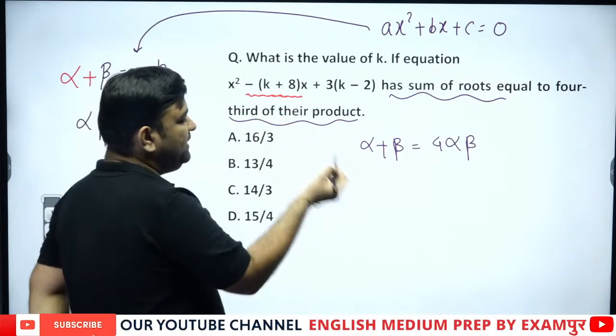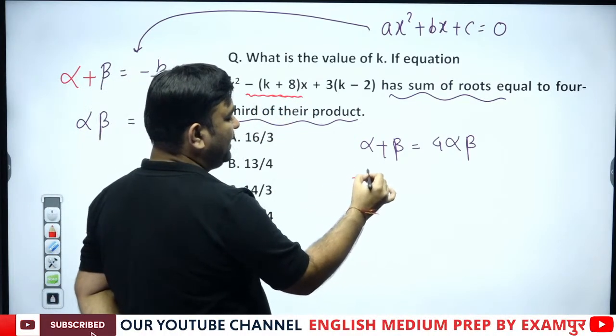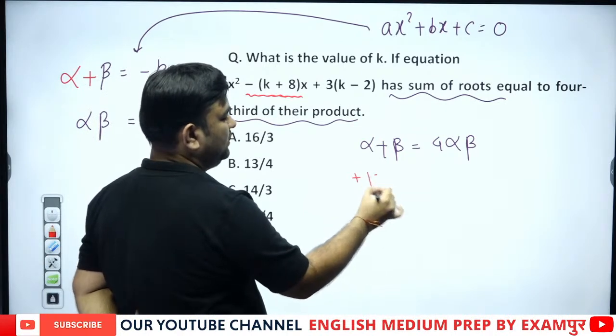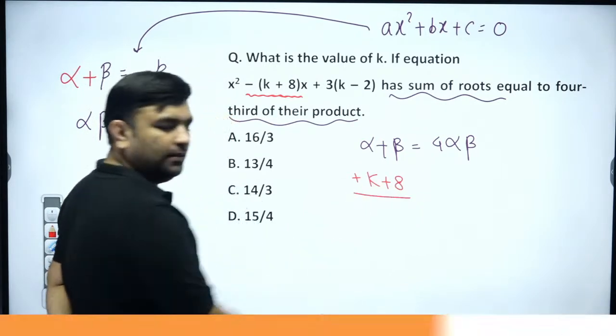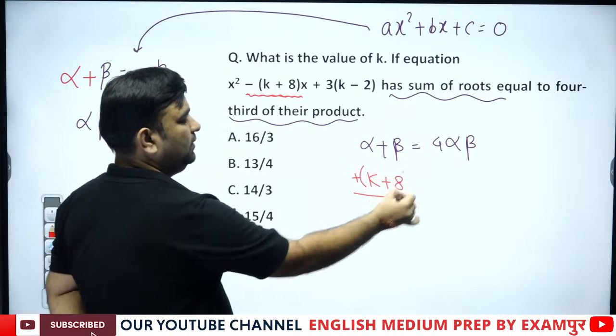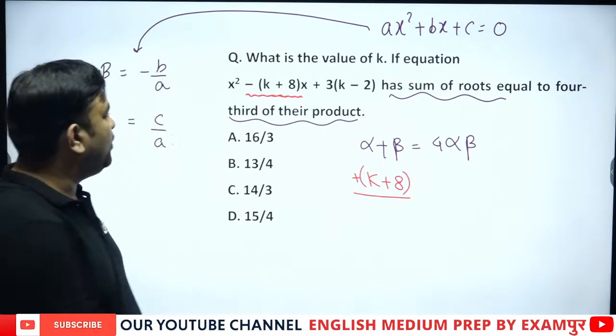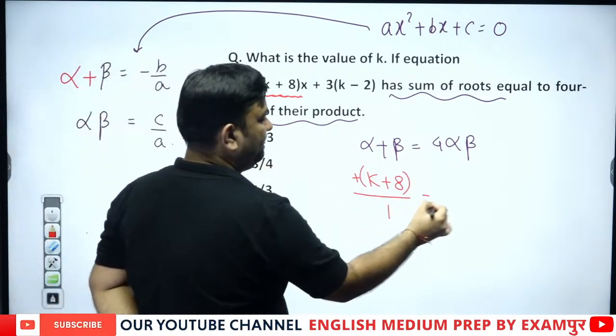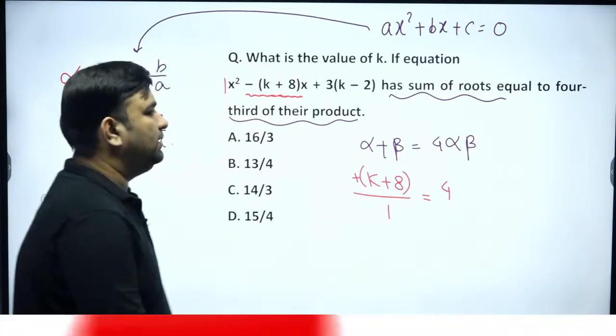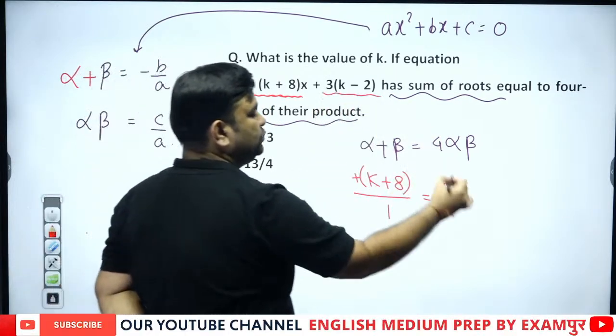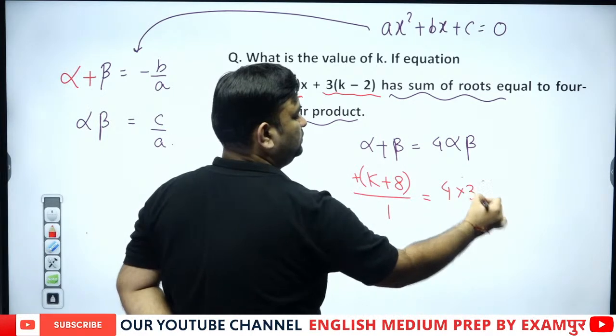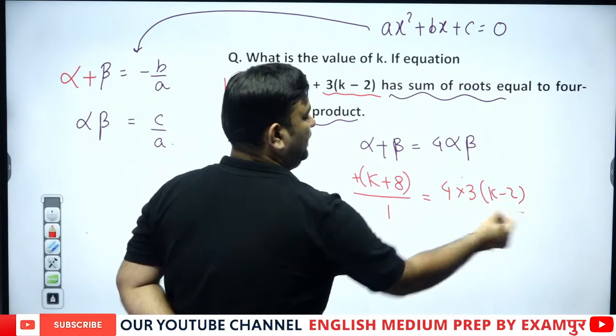So minus b is minus of minus, so plus b. B upon A, A is 1. C upon A, C is 3k minus 2, upon A, 1.